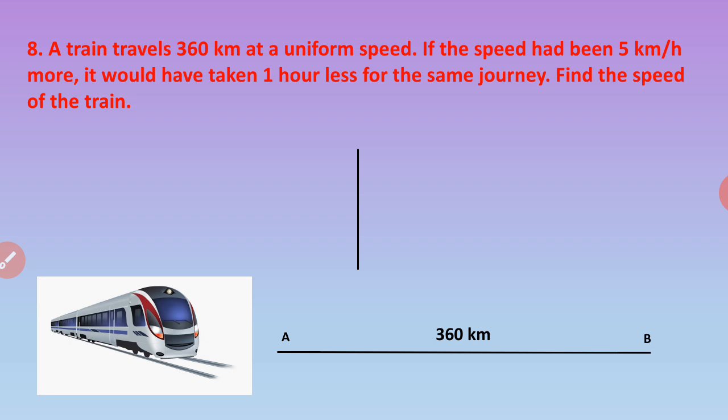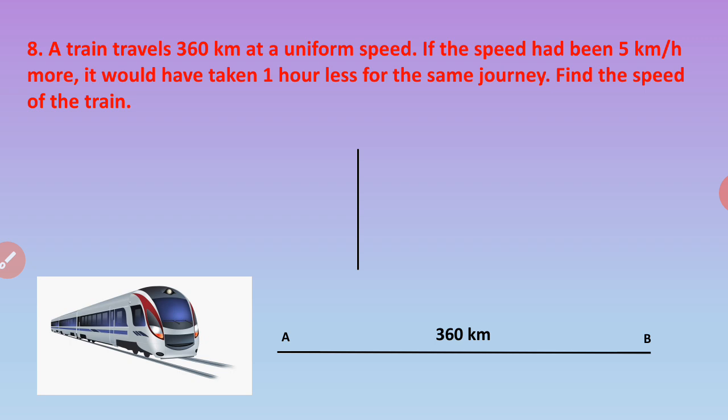Obviously, the relation between speed and time is inverse. One increases, the other decreases. If you increase the speed of your car or whatever you are riding in, the time taken to reach the same destination is always less. So we are going to use this fact here. What we are going to find out is the speed of the train.